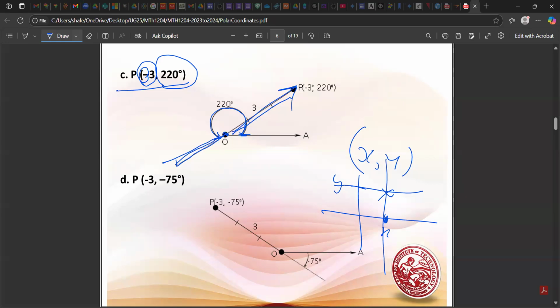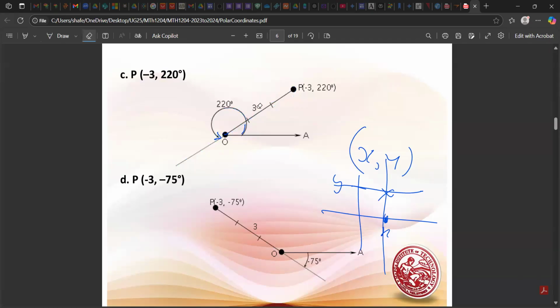So that's another tweak or a little peculiarity of polar coordinates. You don't look for the radius first when you're trying to plot minus 3. No. Do the angle first. That answers what you were saying, sir? Yes, that's it. That answers it.